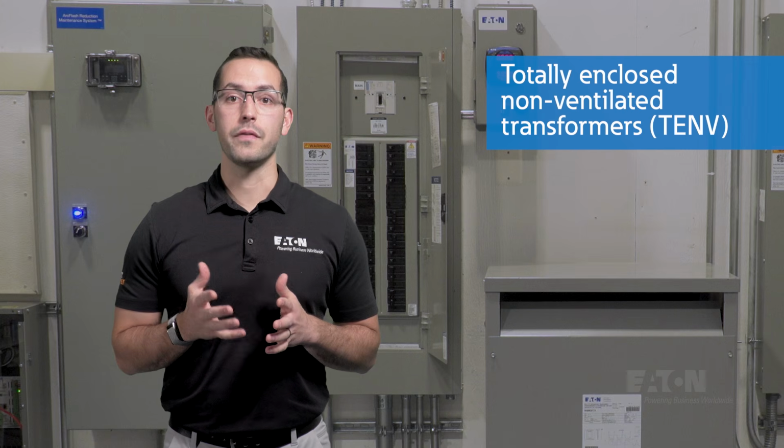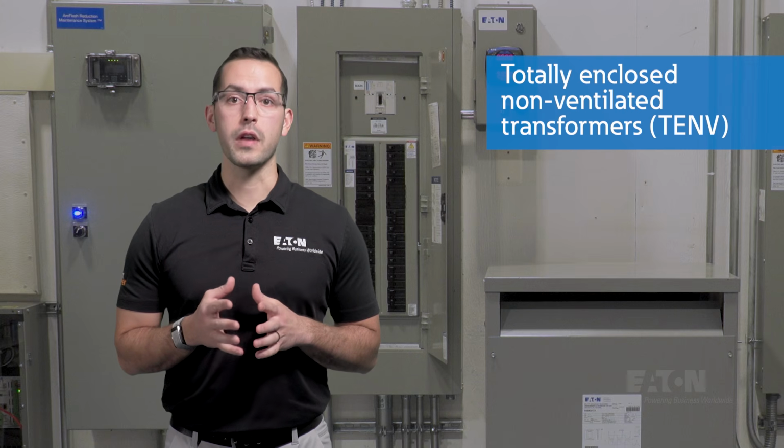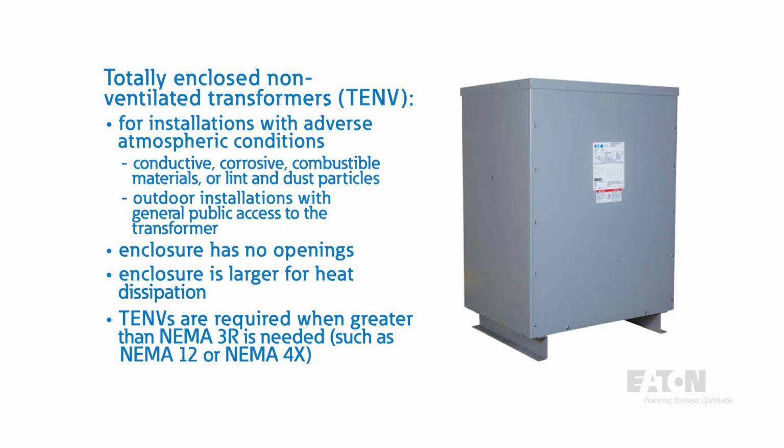Totally enclosed non-ventilated. Totally enclosed non-ventilated, or TENV, designs are for special applications where, due to adverse atmospheric conditions, it is desirable to have an enclosure with no openings. These applications could be environments that contain conductive, corrosive, or combustible materials that might damage a transformer, or have lint and dust particles that might block the ventilation passages.